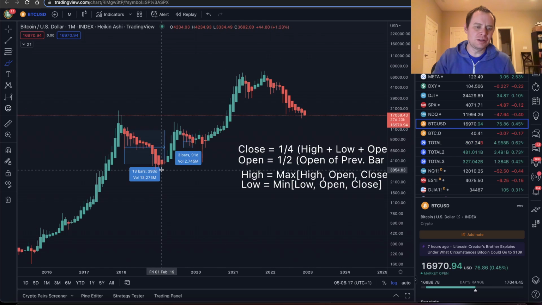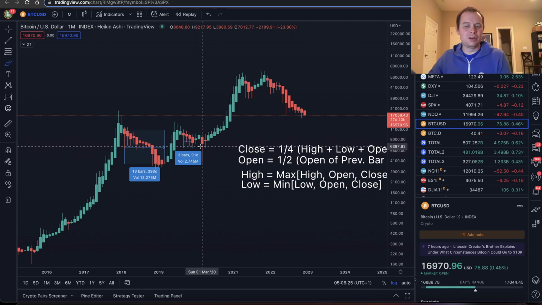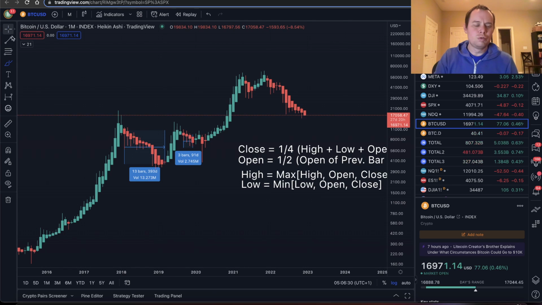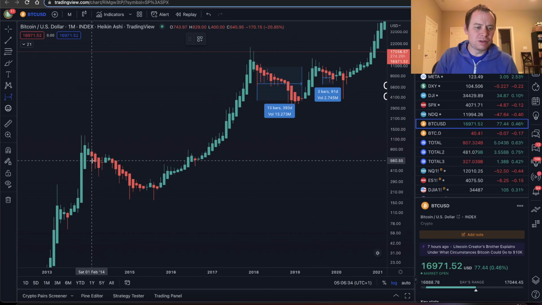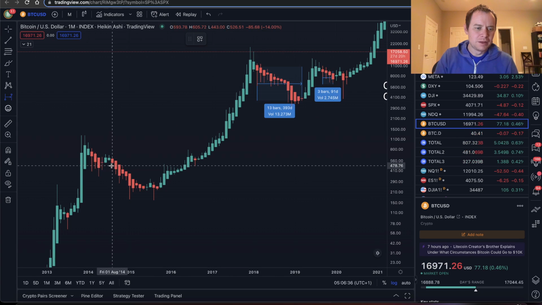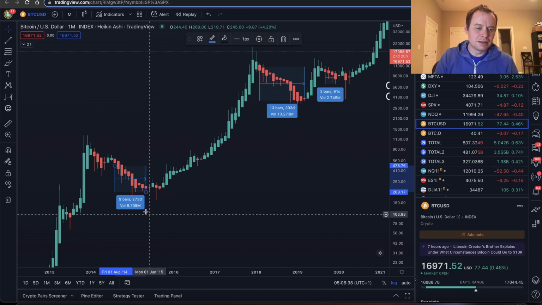So it took 20 red monthly Heikin-Ashi candles to begin the bull market that took us to new highs. Now, you could argue it only took us 14 of these monthly ones before the bottom was decisively in, and it actually was less than that. But you could say, until we actually had that bull market that took us to new highs, it took about 20 red monthly Heikin-Ashi candles. Now, back over here in 2014, you can see we had 4 here, and then here we had 10, because it's 1 more, right?